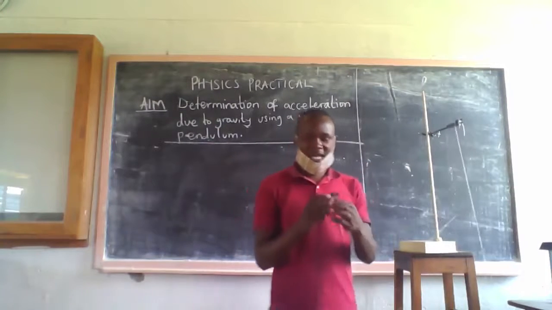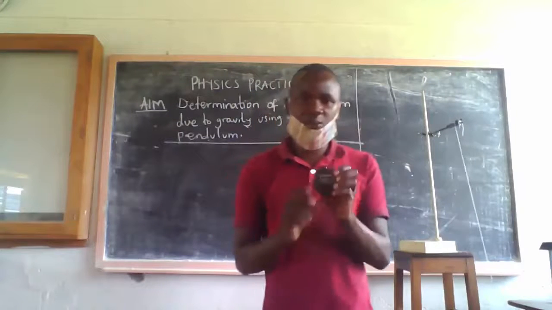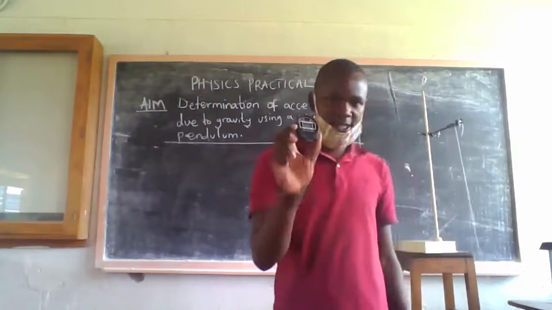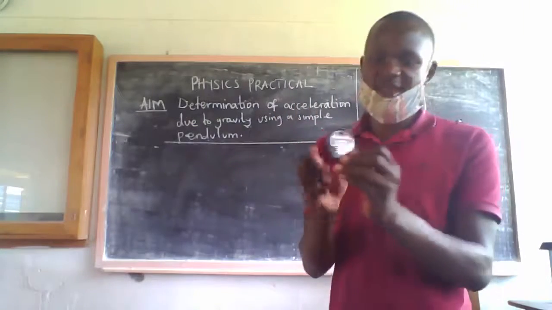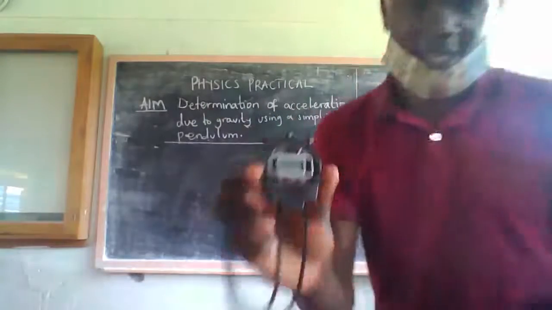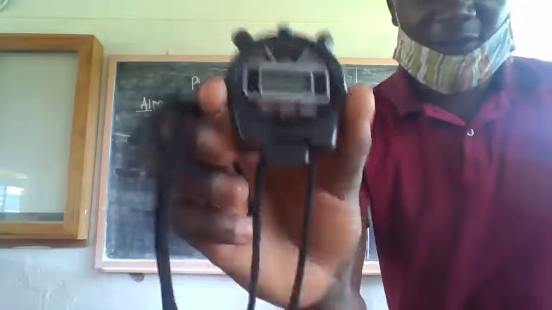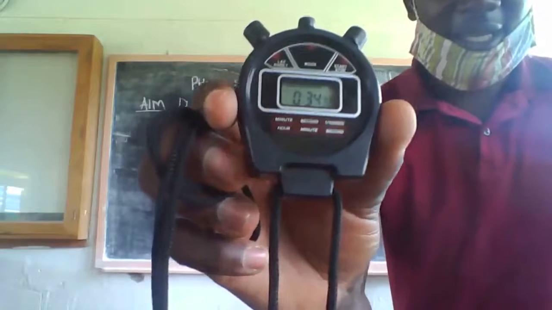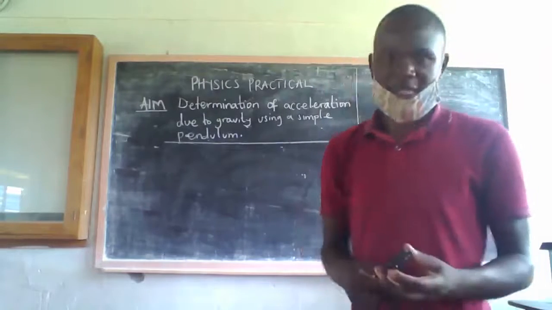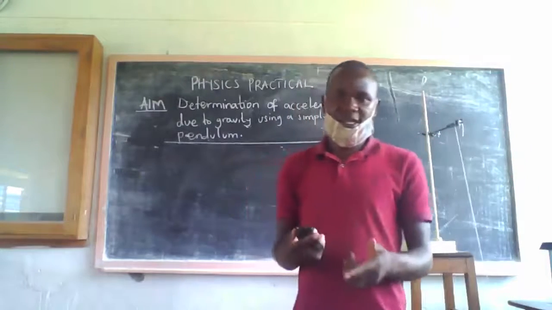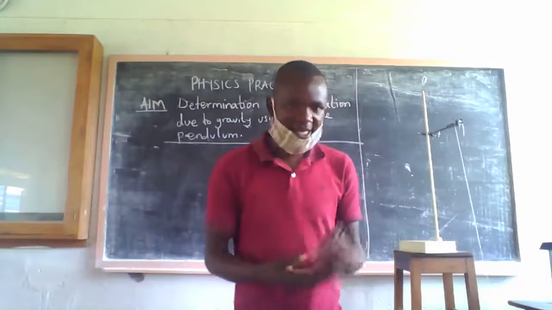At exactly 10 complete oscillations, we are required to stop the watch. And then we are supposed to come and read the value on the watch. And as you can observe, it is 17.36. These are in seconds.